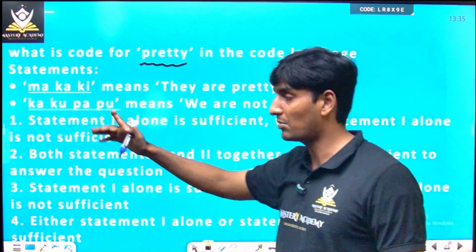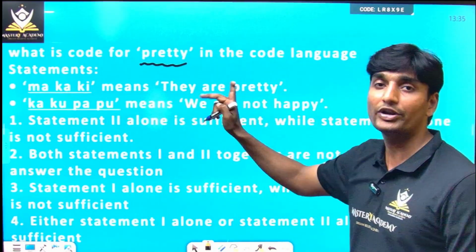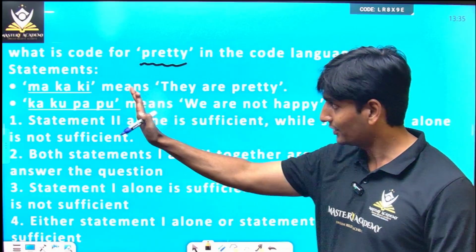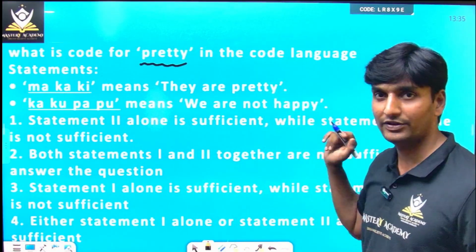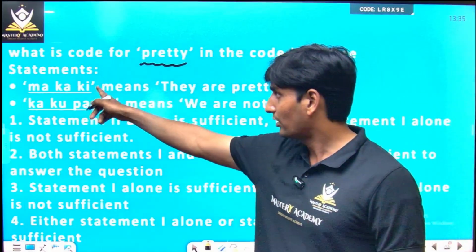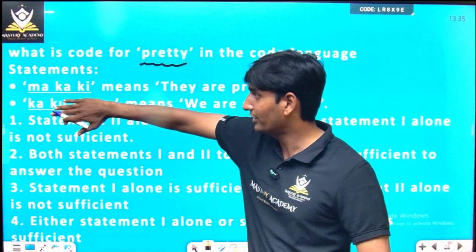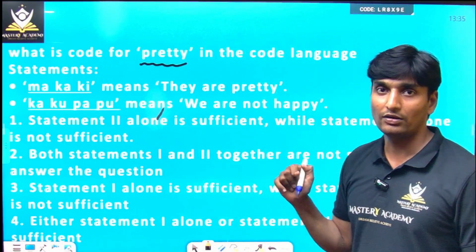Yame or ma can mean pretty, ma can mean are, or it may be they. So don't directly go accordingly, respectively. It is not at all necessary. You should identify these statements. So ma, ka and ki means they are pretty. Looking only at this first statement, we cannot say what is the code for are, pretty or they.